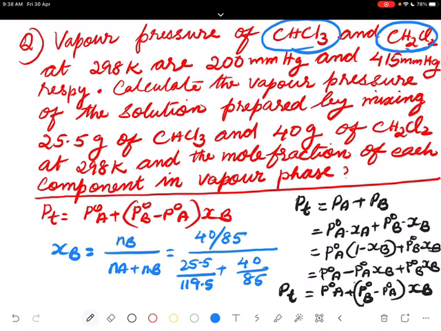So XB you can calculate, anyway it is less than 1, and we get it as 0.688. This value you substitute here for XB. So I'm finding out P total.